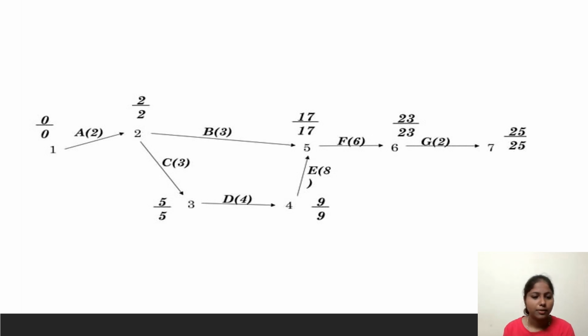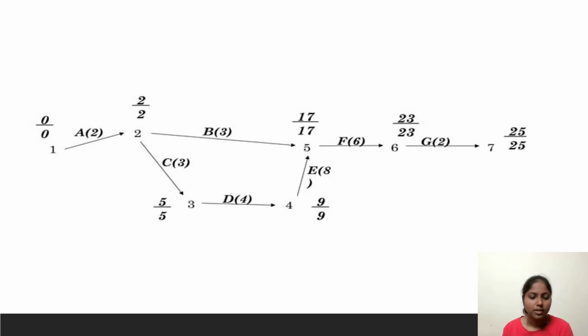Now from this we can calculate, for each activity, the earliest and latest times by using forward and backward passes. Let's see how it is done. First we take 0 as the starting time, then 0 plus 2 for activity A is 2.